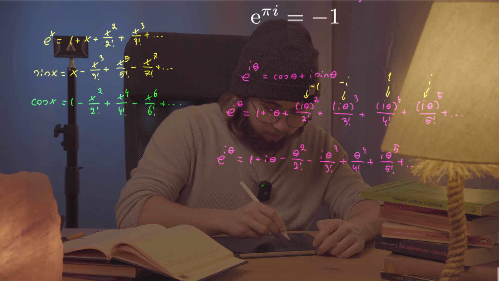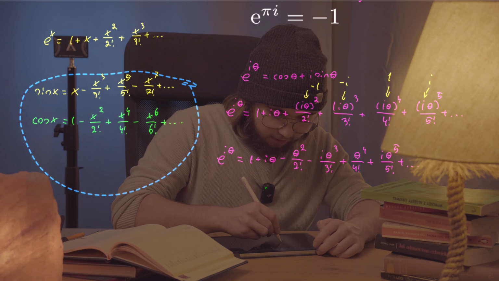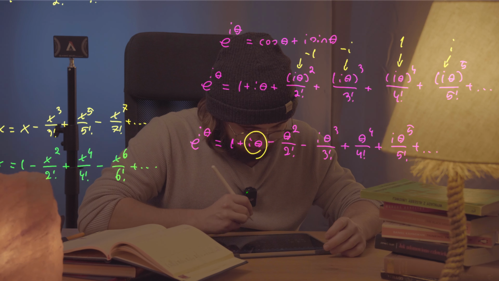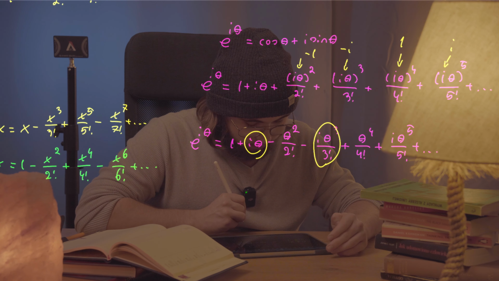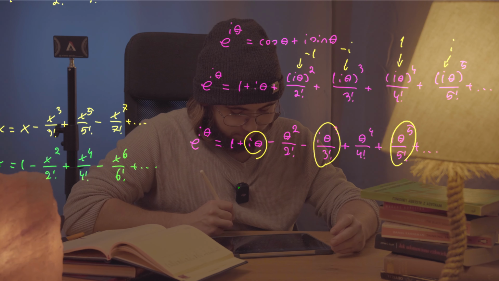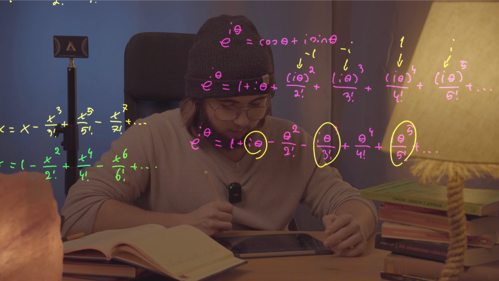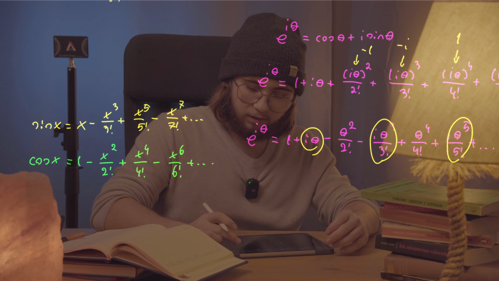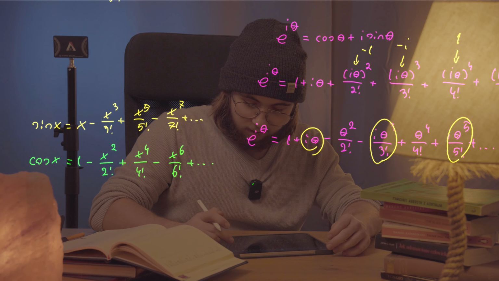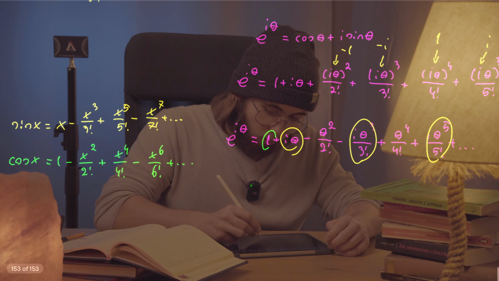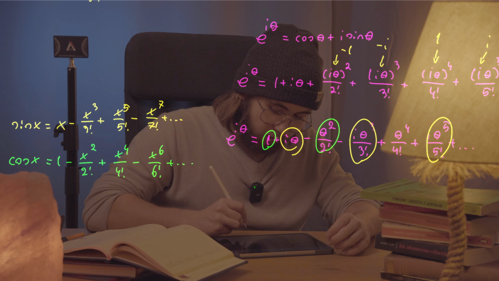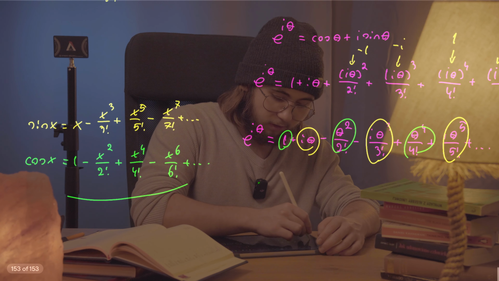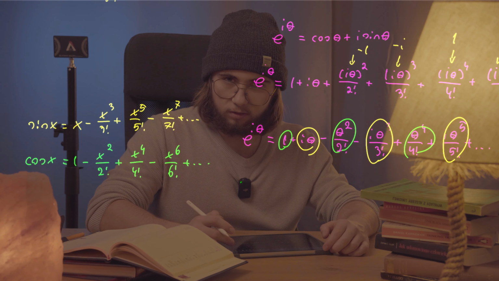So first of all, the sine of x Taylor expansion. You see, we've got an i theta here, and theta cubed there, a theta to the 5th over 5 factorial there. It starts to look like the sine of x expansion, and then here we've also got 1, theta squared over 2 and theta to the power of 4 over 4 factorial, just as in the cosine of x expansion.